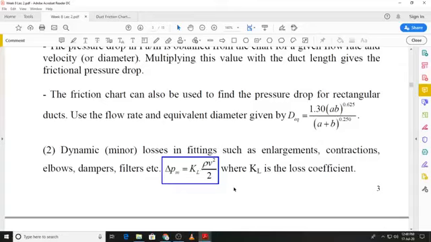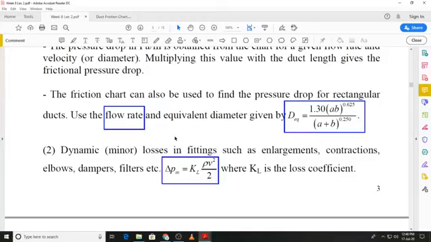The way to do it is that we first find out an equivalent diameter given by this formula, knowing the rectangular duct dimensions, and we will use the volume flow rate, and using these two parameters we will find out the pressure drop per unit length for a rectangular duct.